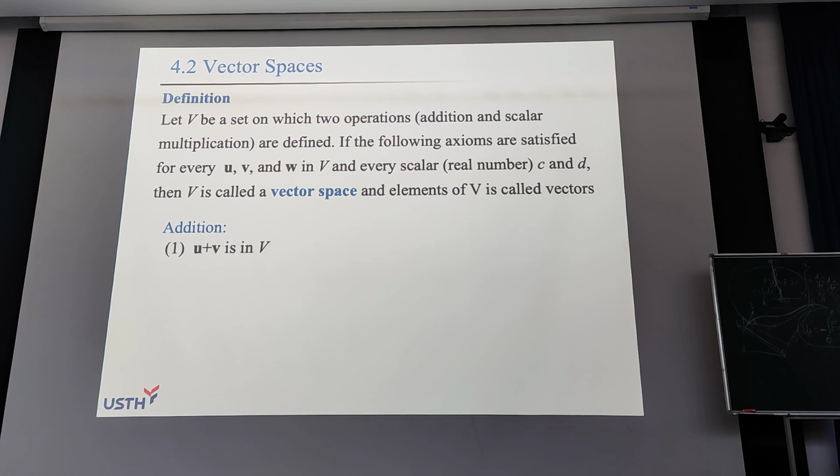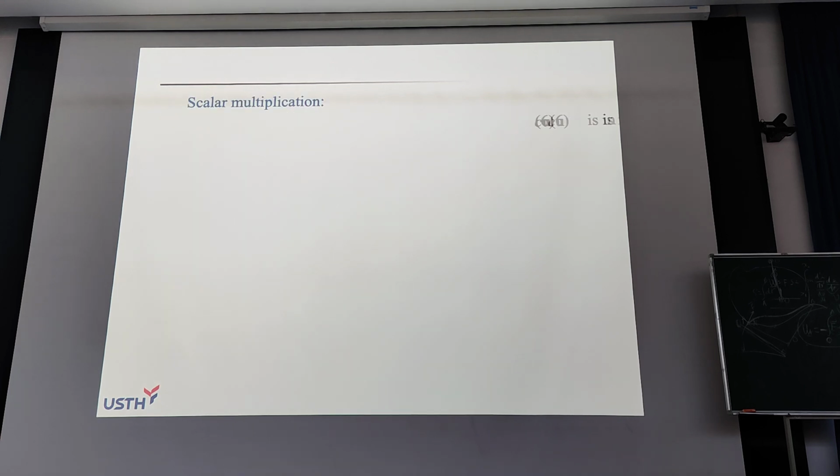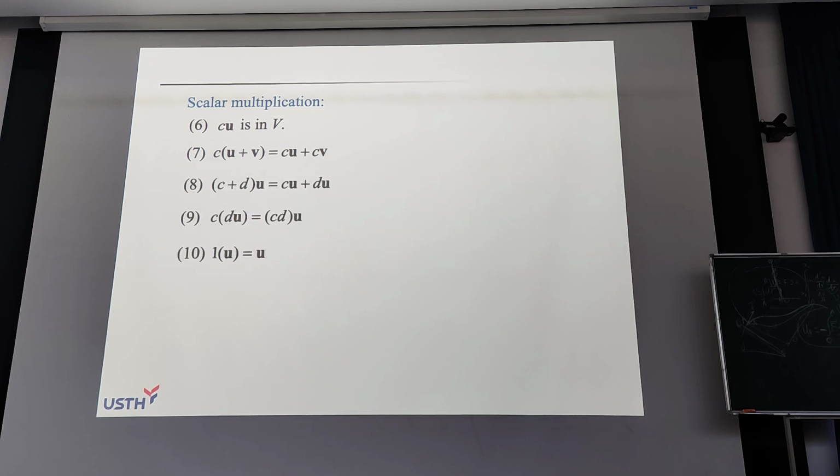The first one is here, second is here. So we have 5 properties for addition, and we have 5 more properties for scalar multiplication. It is here, the 6, 7, 8, 9, 10.